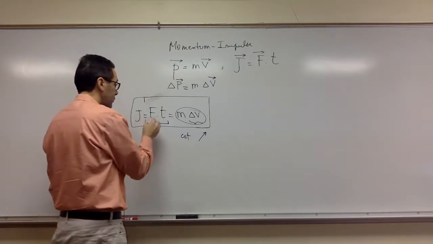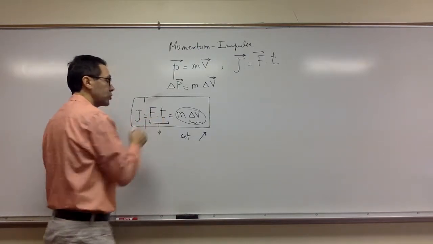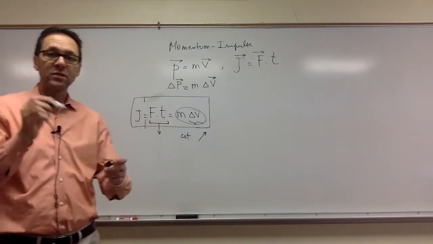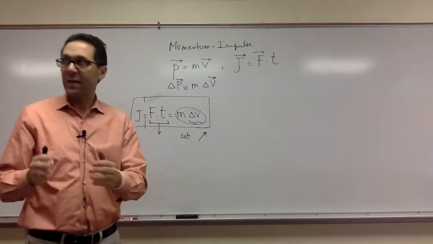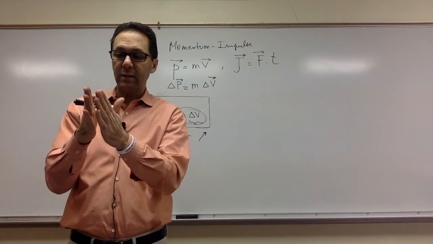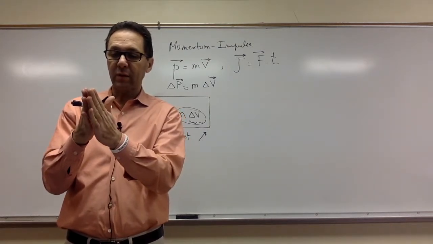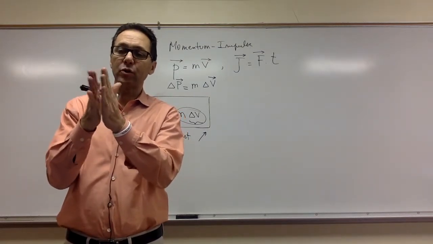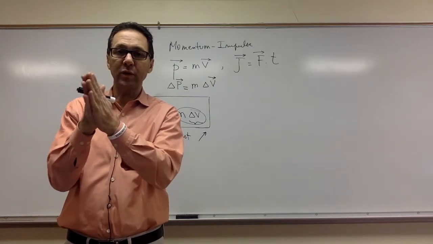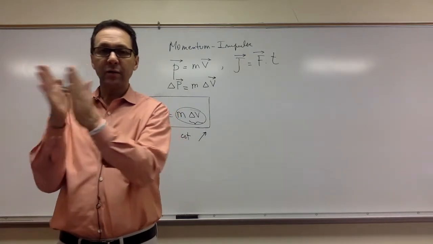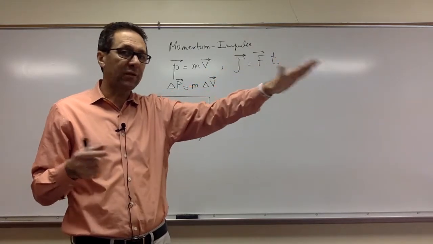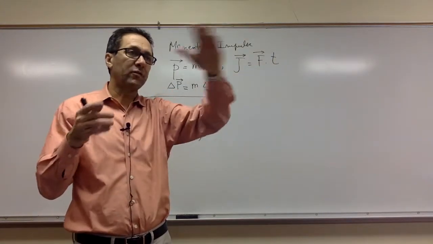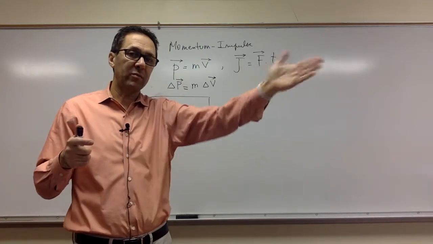You control the force, and you control how long the force is applied. How long the force is applied has to do with the contact time between the bat and the ball. It has nothing to do with the time that the ball stays in the air. You have no control over that. The only force acting on it at that point is just gravity, it becomes a projectile.